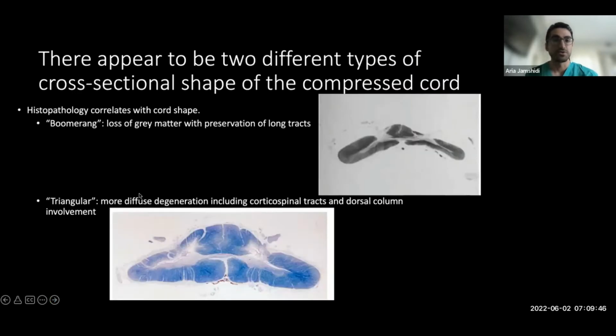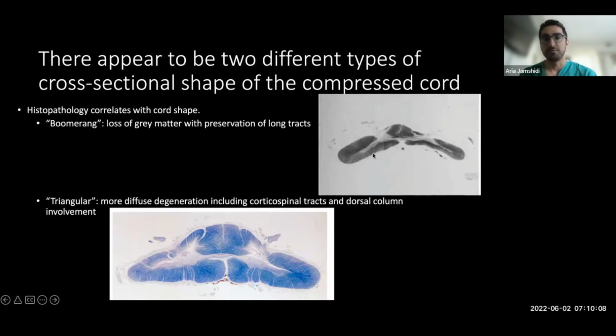And also, interestingly enough, there are two different types of cross-sectional shape of the compressed cord that have been identified in patients with OPLL. One is this boomerang formation that can develop, which you can see on this right image that's in black and white.